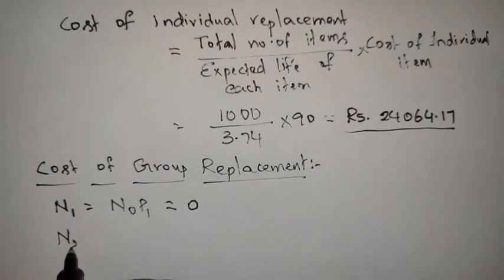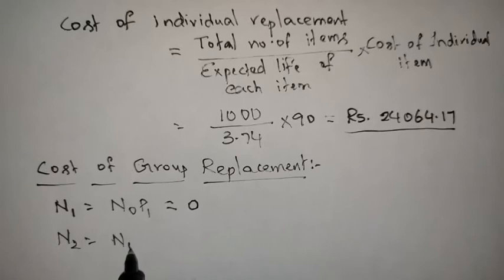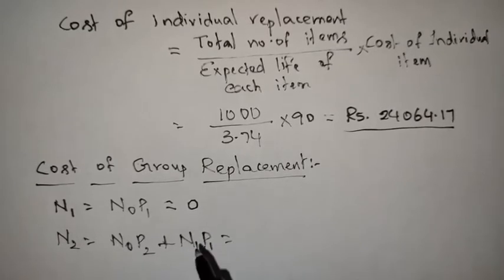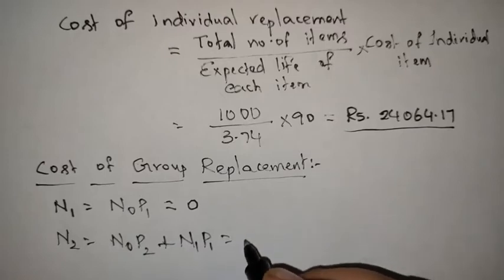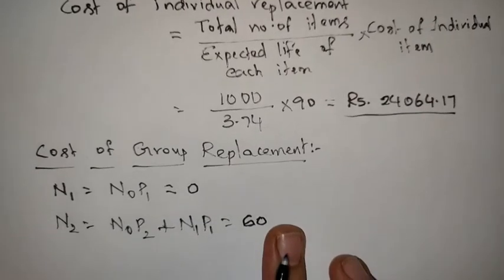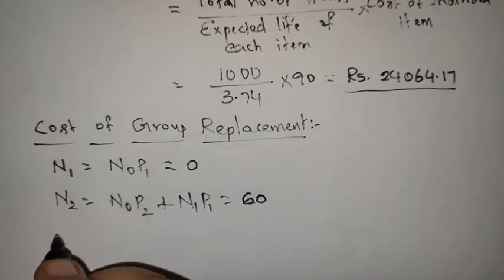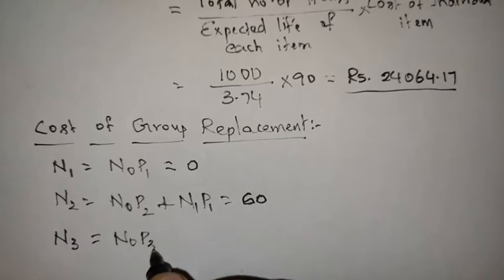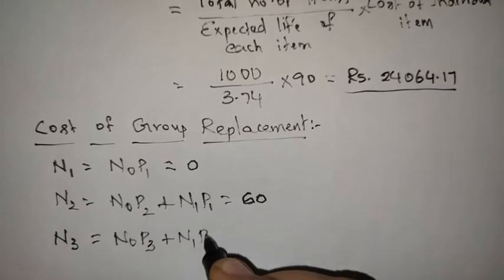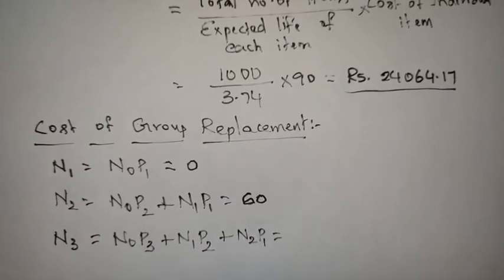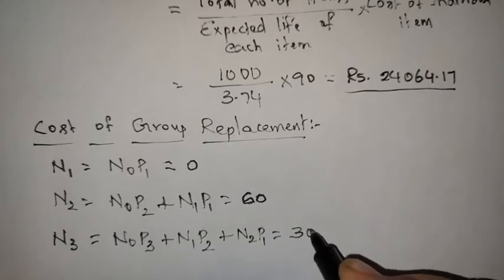Next, n2 equals n0 into p2 plus n1 into p1. If you substitute those values, you will get 60. Similarly, calculate n3. So n3 equals n0 into p3 plus n1 into p2 plus n2 into p1. If you substitute all the values, you will get n3 equals 300.